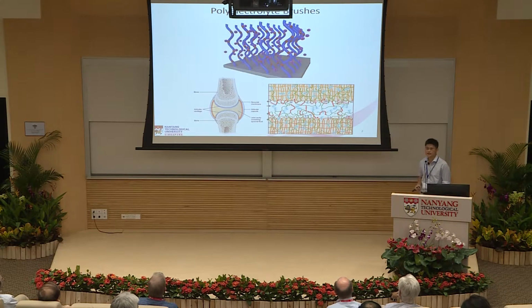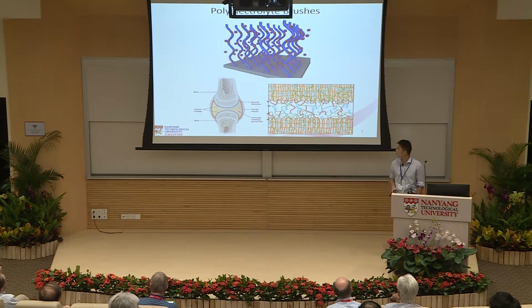Polyelectrolyte brushes are very important in many colloidal applications. They can make colloidal systems stable. Also, they're very useful in drug delivery systems like the DNA brushes. We're really interested in polyelectrolyte brushes. They're really good lubricants in many lubrication systems in our human body, such as in the joints.